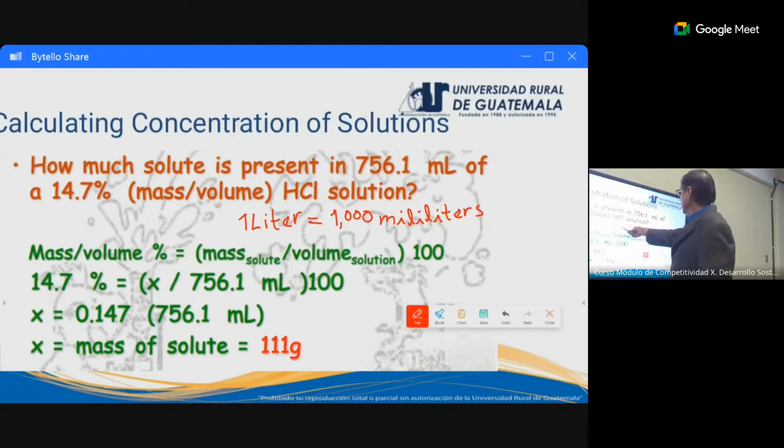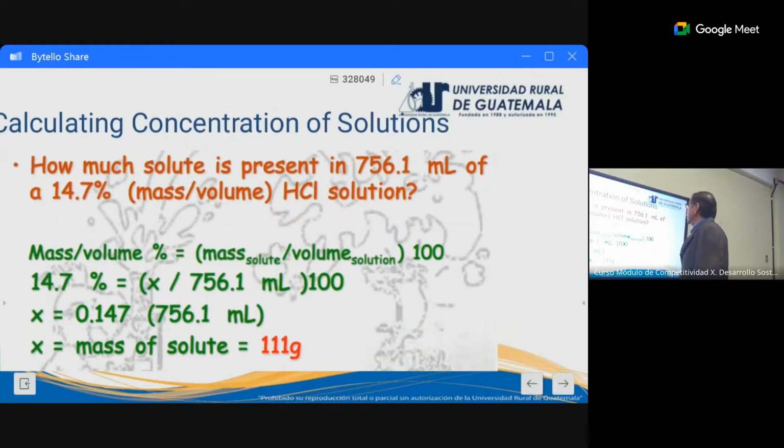Okay, 1 liter of a liquid will be equal to 1,000 milliliters, or it is the same that 1 liter will be equal to 1,000 milliliters. Okay. Now that you have seen these conversions here, let's work with this problem.